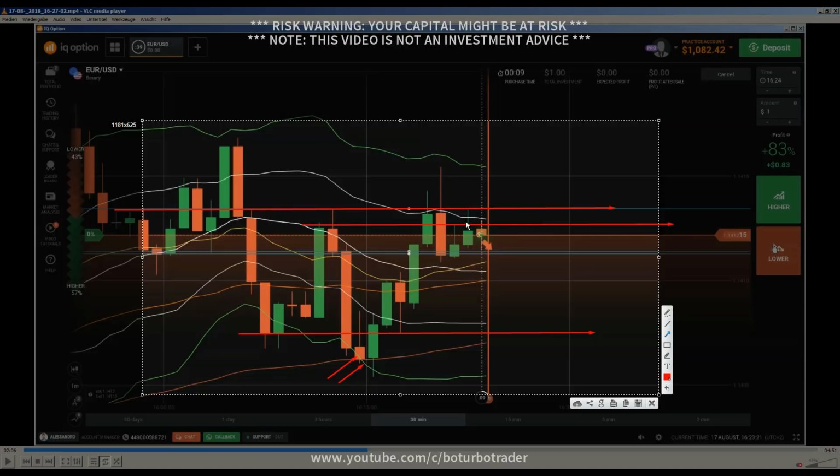entering here into a put, because the problem is, if you get two inverted bullish hammers, one after another, that is mostly a sign that price will reverse. Don't wait for a continuation after you get two or three inverted bullish hammers without any kind of confidence that there is no support and resistance in between.